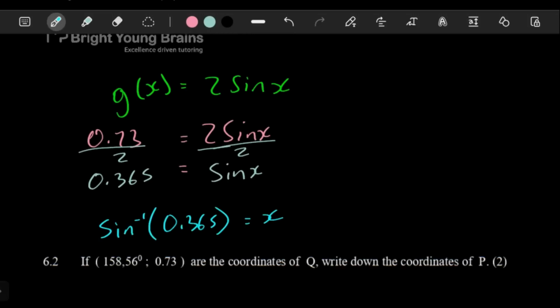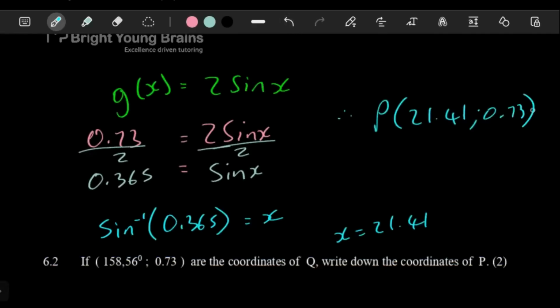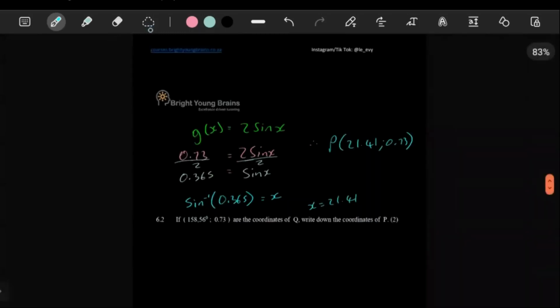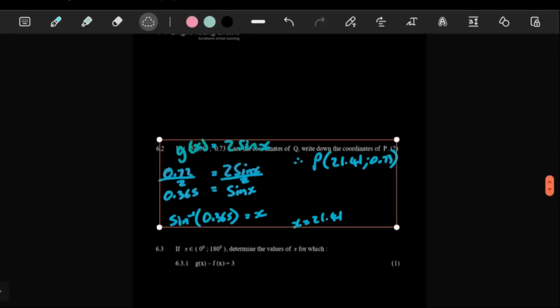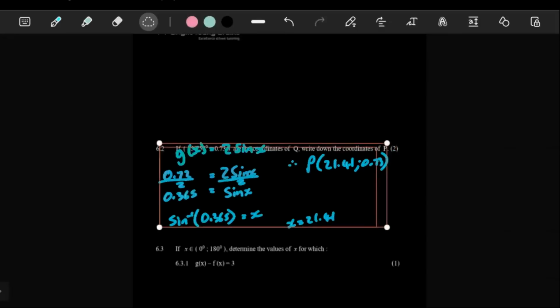I'm getting 41. So therefore, this is your coordinate of P. It's just a 2-mark question, so we don't have to struggle too much. I don't know why I wrote up there when I could have just written down here.